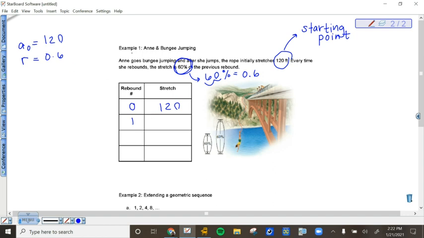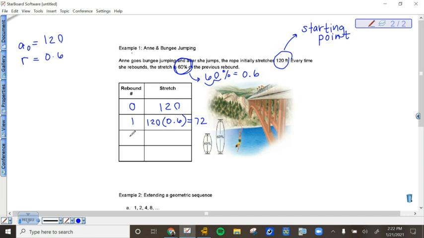So we do 120 times 0.6, and this is going to be equal to 72. So she bounces and the rope stretches 120 feet and then she snaps back. And then she'll only go down 72 feet the next time. And then she'll snap back.